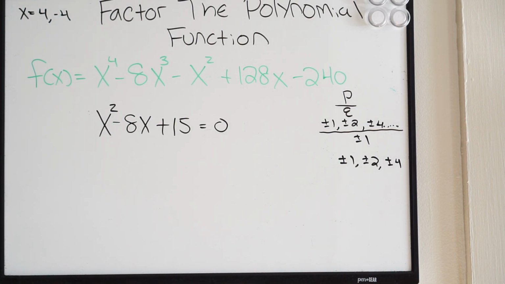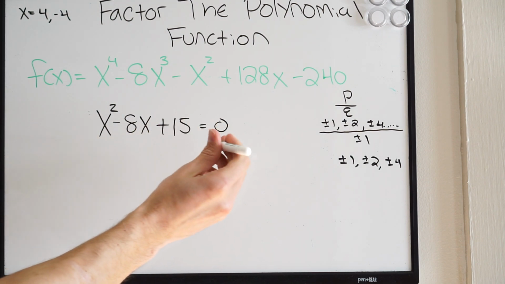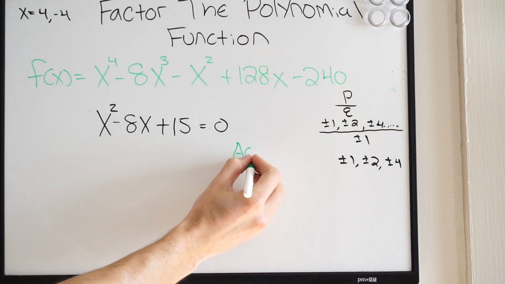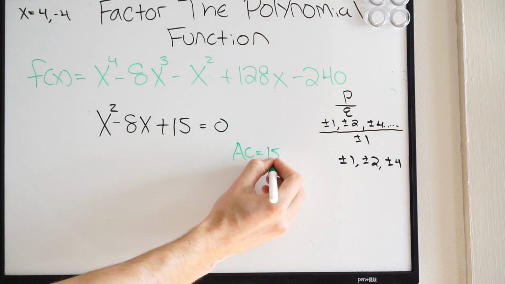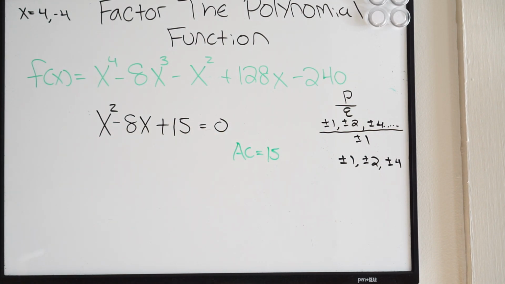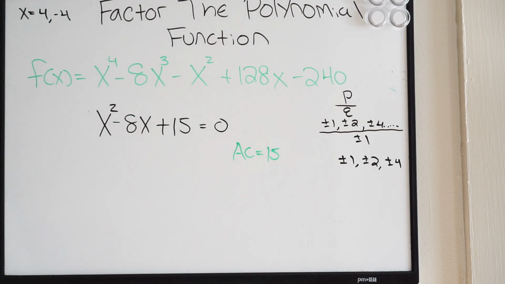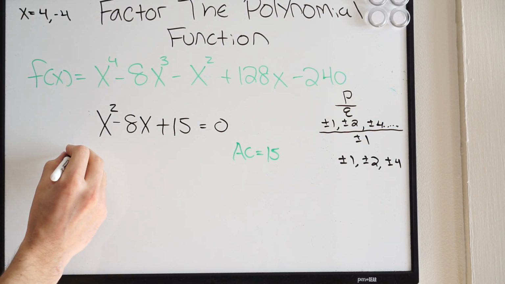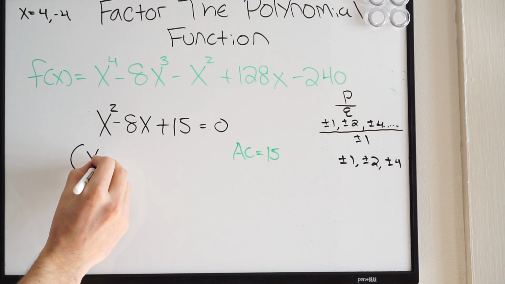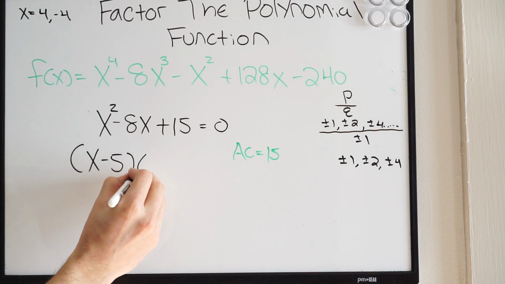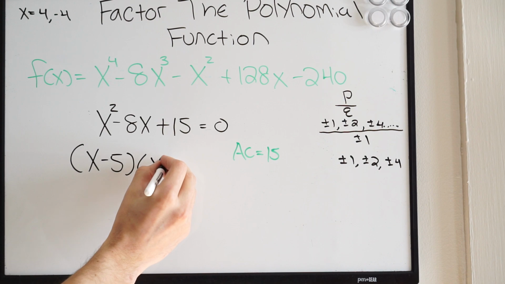Now that we have it down to a quadratic, we can try to factor this. Let's try to factor it using the AC method. So A times C, well, that's going to be 15 times 1. And what two numbers multiply to 15 but add up to negative 8? Well, that's going to be x minus 5 and x minus 3.